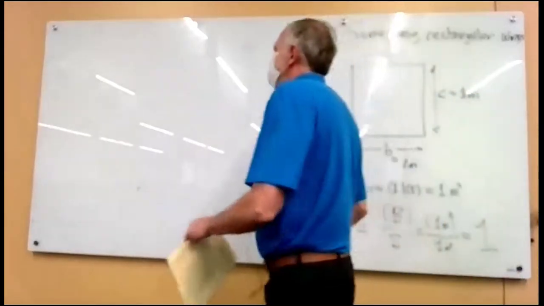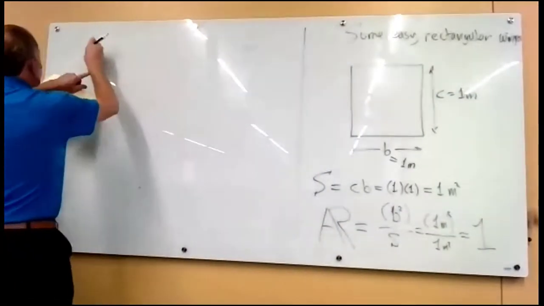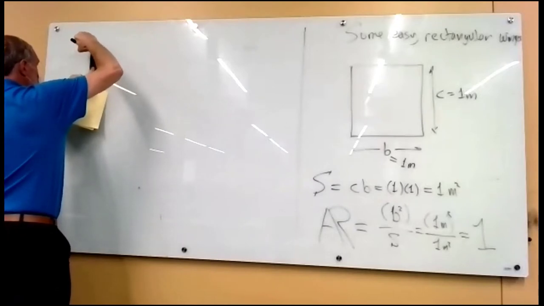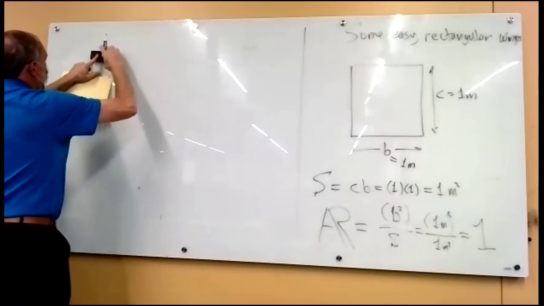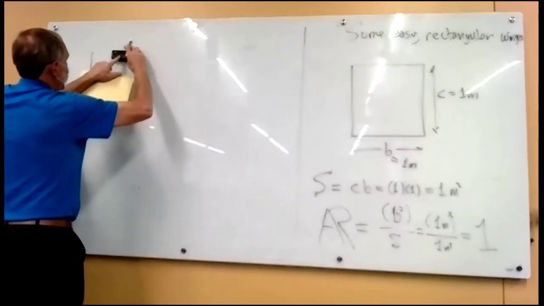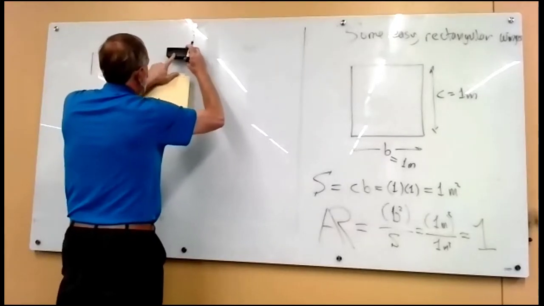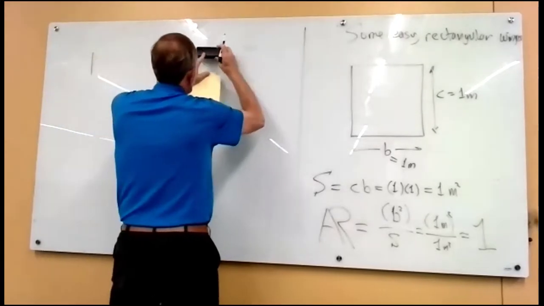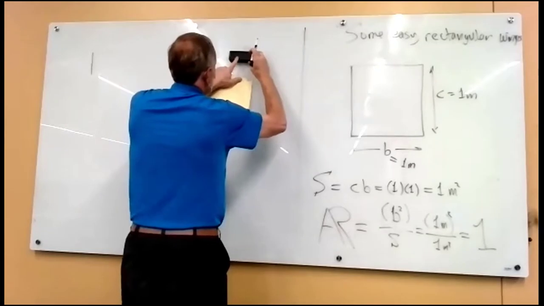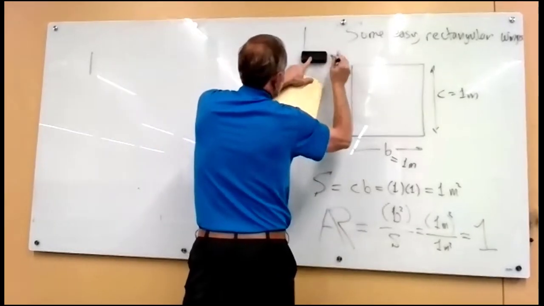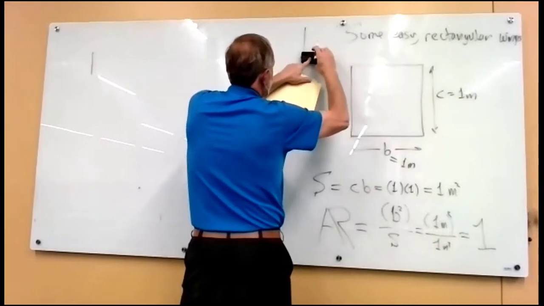I'm going to draw this to scale so that you can see what an aspect ratio like this looks like. So the chord is 1 eraser. And then the span is going to be 1, 2, 3, 4, 5, 6, 7, 8, 9, 10 erasers.